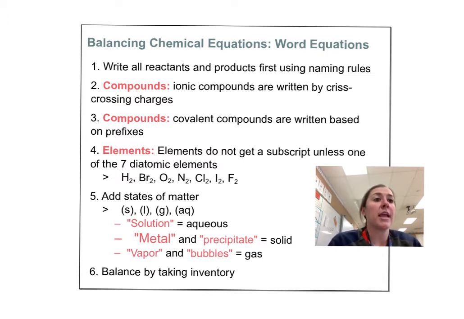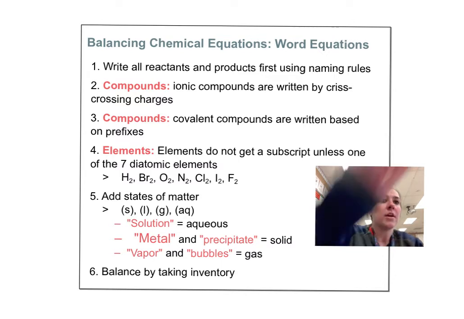Okay, so the first thing is I always write the reactants and products first using all the naming rules, because we can't balance if the little subscripts are wrong because we wrote our formulas wrong. So I don't even worry about the big numbers until the very, very end. So I just need to write the formula for every reactant and every product carefully using the naming rules. What are some of the naming rules?